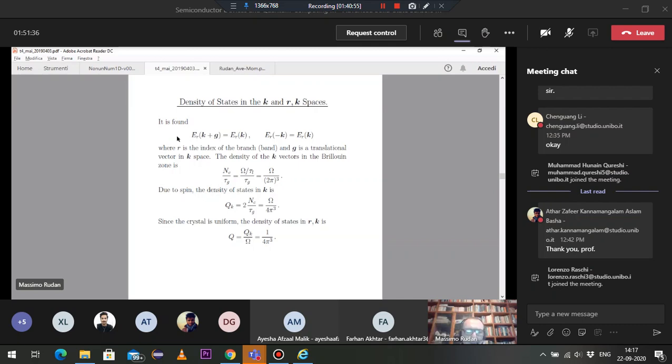The relation between energy and momentum is periodic. So this equation expresses periodicity in the reciprocal lattice. And the second relation expresses the fact that energy is even with respect to momentum. Okay, you remember energy is even with respect to momentum.